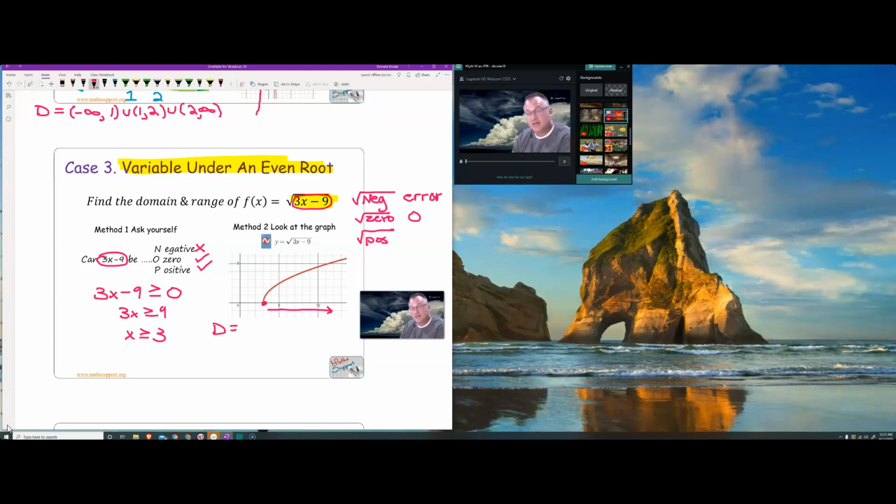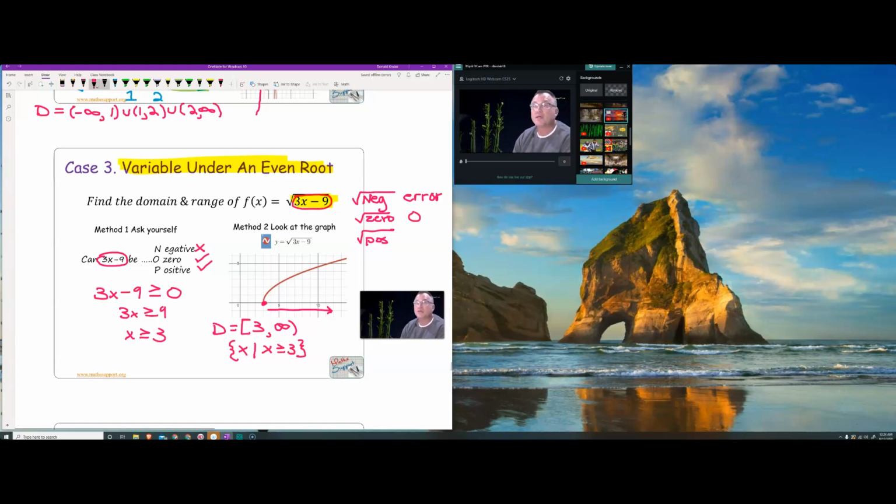So I would write that in interval notation as, interval notation would be a bracket because 3 is included, because it's allowed to be equal to 3, and then all the numbers greater than 3. In set builder notation, I'd write the set of all x's such that x is greater than or equal to 3.